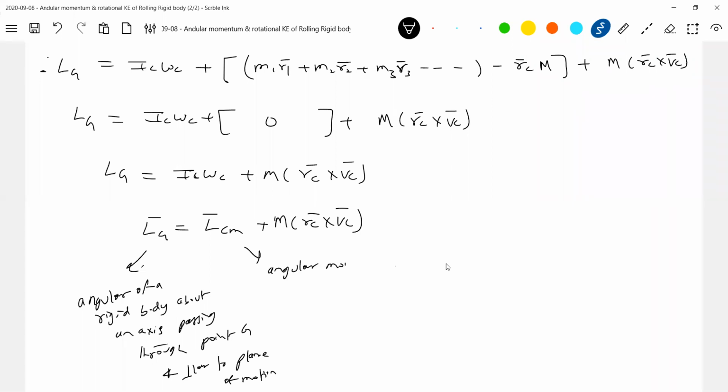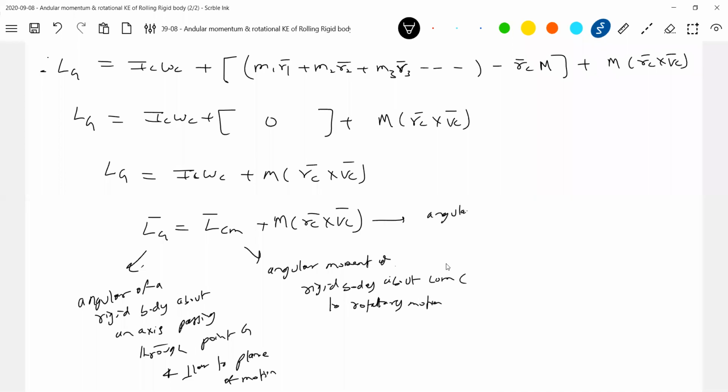Angular momentum of the rigid body about center of mass C due to rotational motion. And what about this?